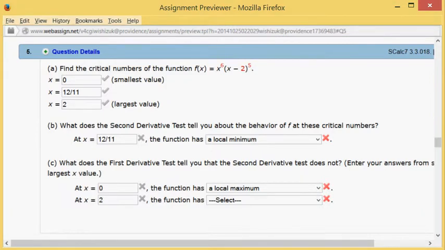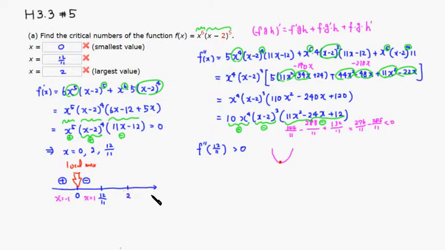So how about 2? Right, for 2, we're going to have to do a sample number. It has to be between 12 over 11 and 2, so we can try like 1.5. And after 2, we can try like a 3, right? So if you put in 1.5, you can see that will be positive, right? And that's always positive. Here, 1.5 times 11 is definitely bigger than 12, so it's going to be positive.